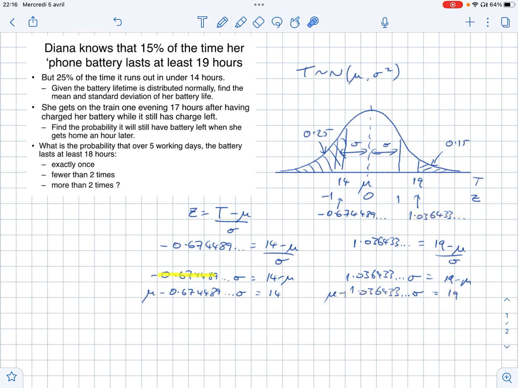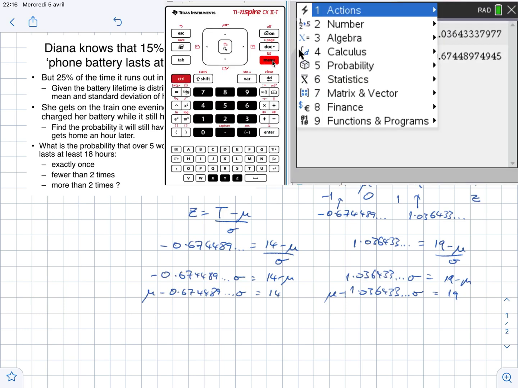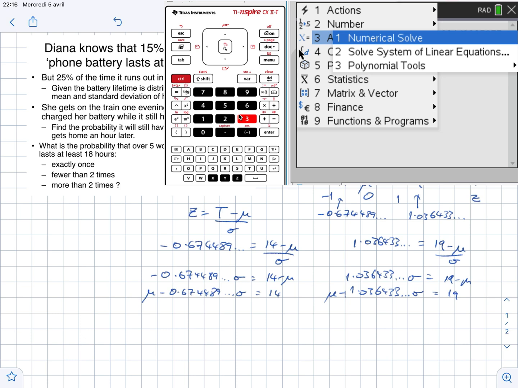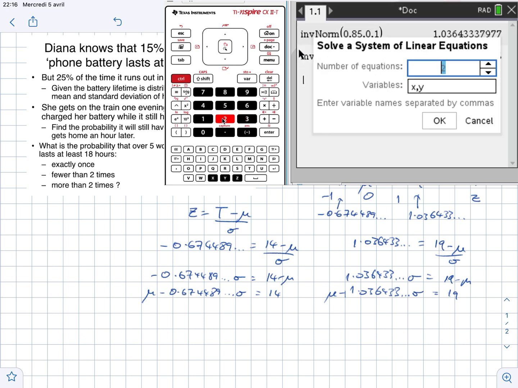And again, I'll be using memories on the Nspire too in the same way. Menu, algebra, solve system of linear equations. Number of equations I've got is 2. I'll use the variables M for mu and S for sigma, so I know what they are.